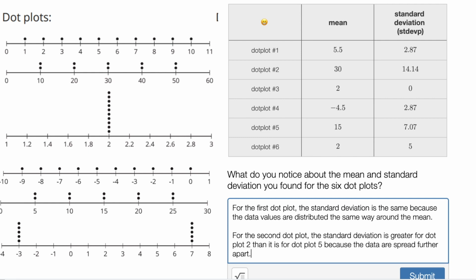So on number 2 it's going by tens, and number 5 it's going by fives.